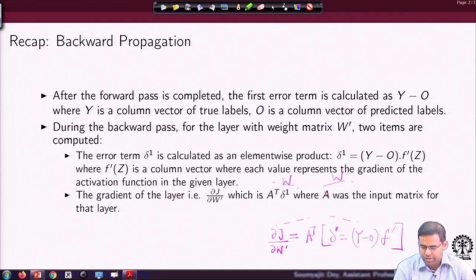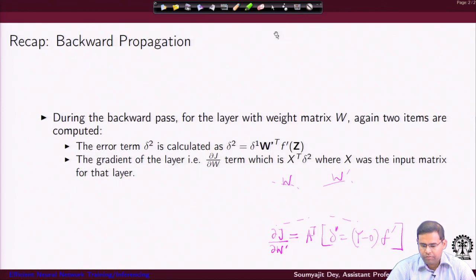So, that is essentially the computation we require for the last layer, for W prime, and then we had the previous layer corresponding to W, and for that we next computed delta 2.